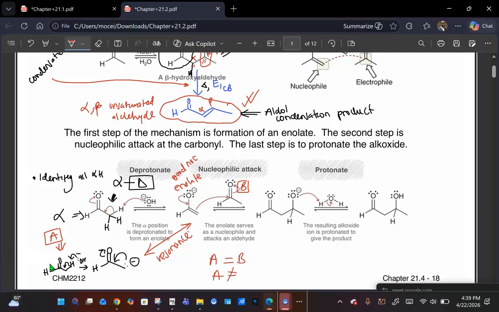You're fighting your twin. You get a dimer. When A is not equal to B, because the enolate can attack a ketone, for example, then we call that cross-aldol condensation.